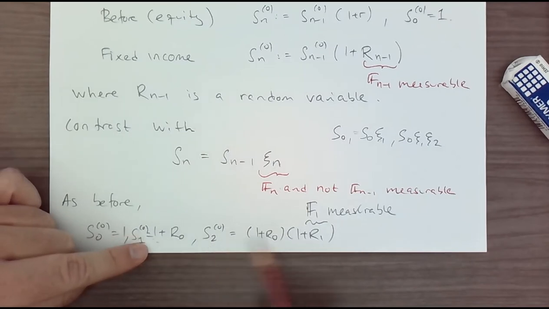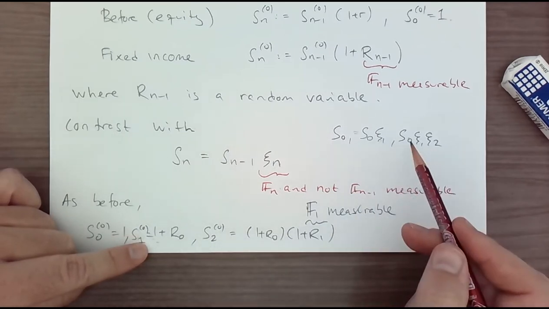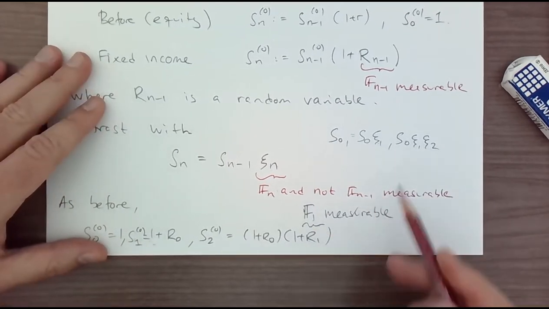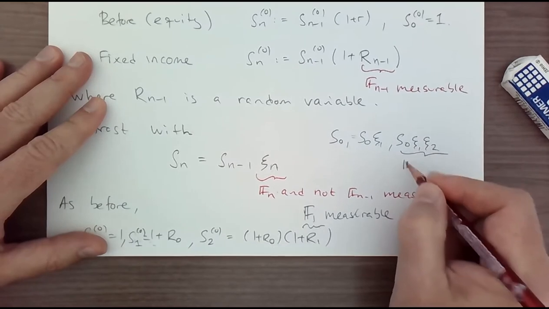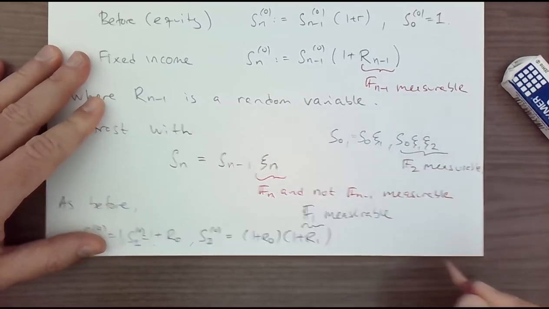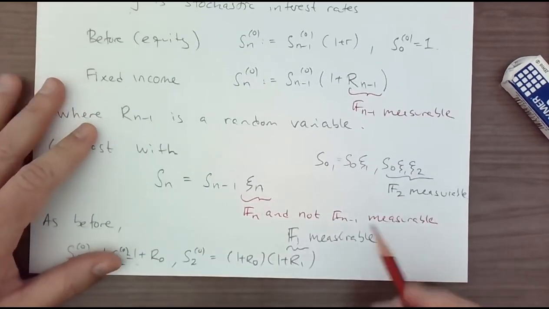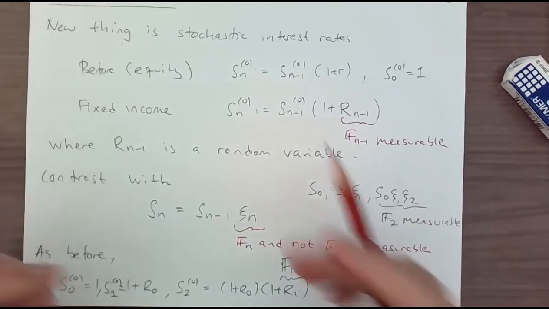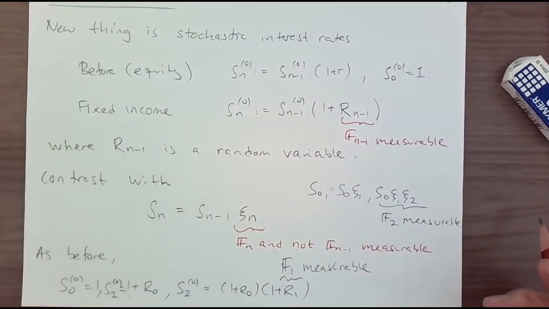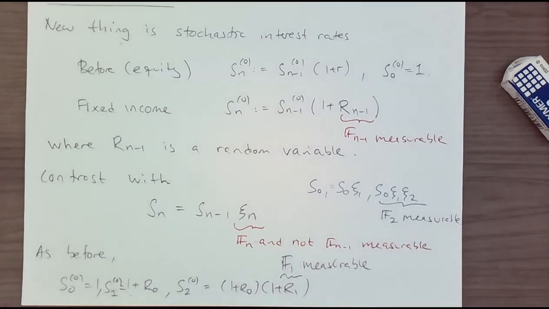So this one here is lacking a period compared to the stock. This one here is F1 measurable, whereas this one here is F2 measurable. So that's the difference between the stock and the fixed income. You can predict what the interest rate is over the next period. You cannot predict what the return of the stock is over the next period.